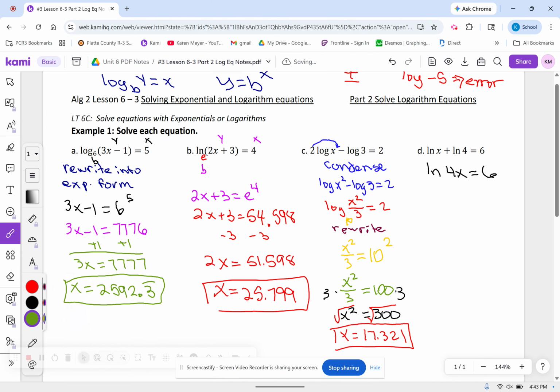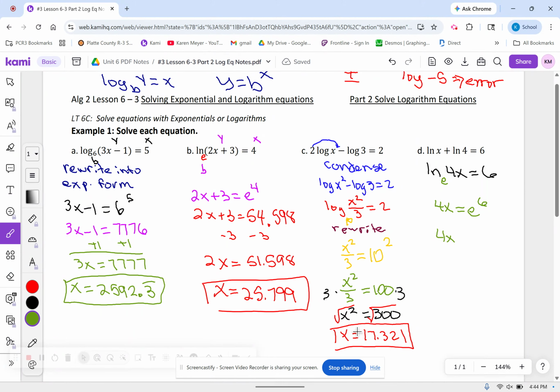And now if I rewrite this, I would have 4x for the y equals the base, which is the letter e, raised to the x, which is 6. So now on my calculator, remember to get e, you would do second to ln.